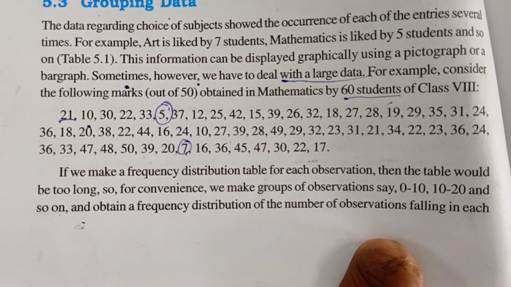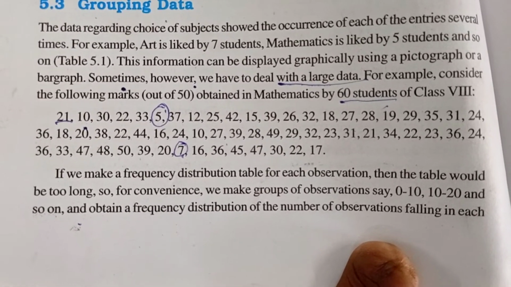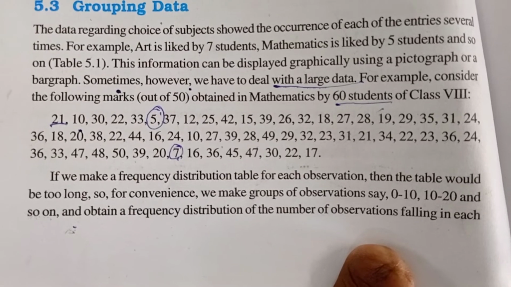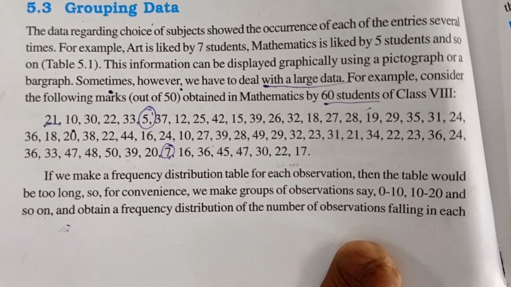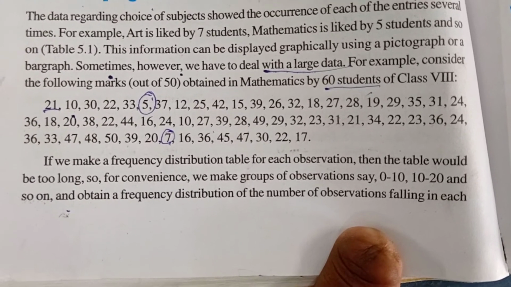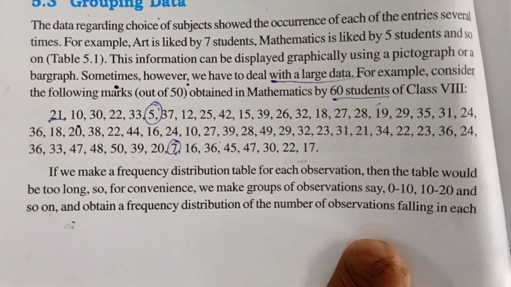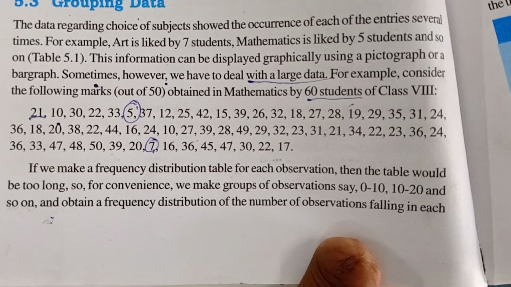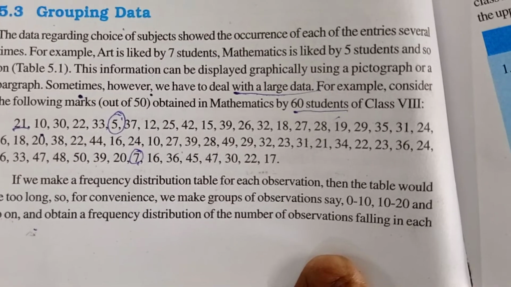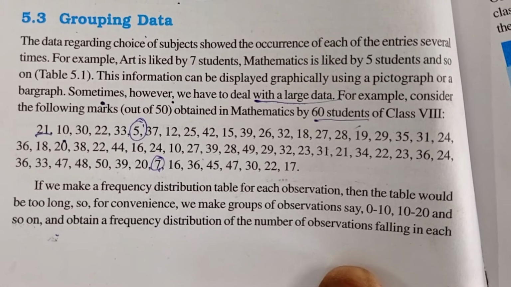If I do, we can see many different observations here, so the table will become too long. Then what do we have to do? We have to arrange this as class intervals. We make groups of observations, say 0 to 10, 10 to 20 and so on.